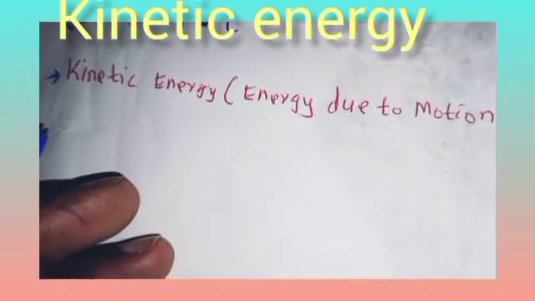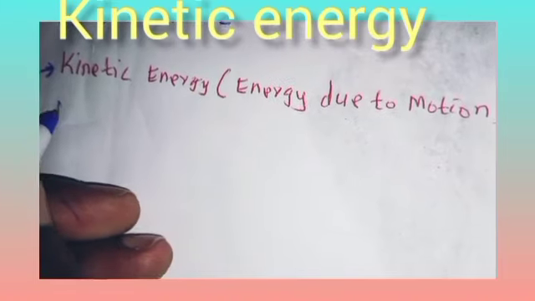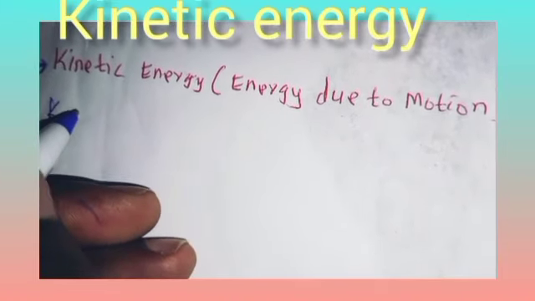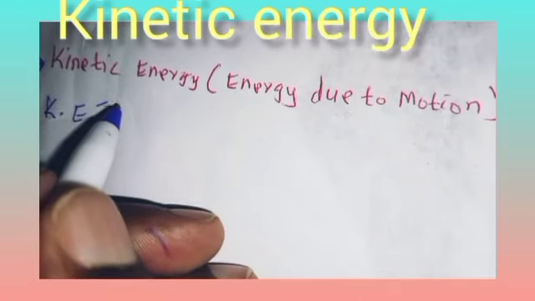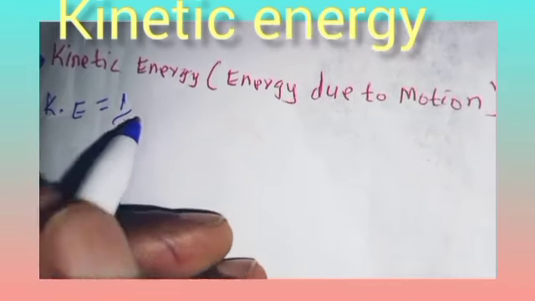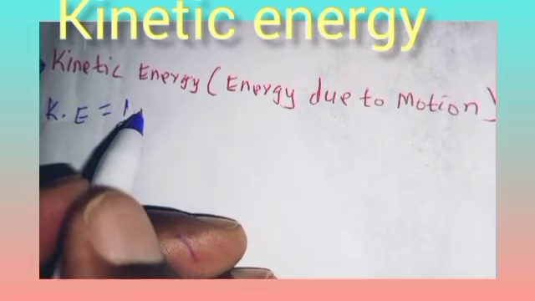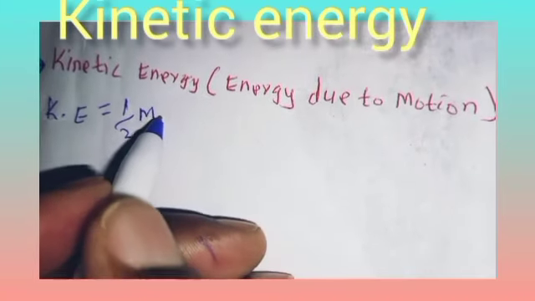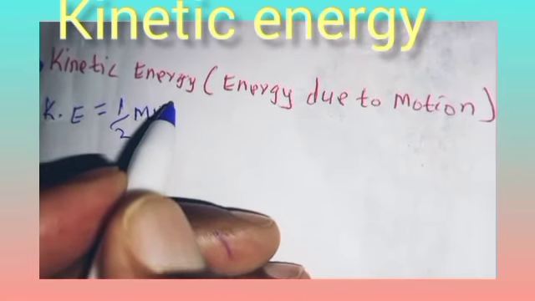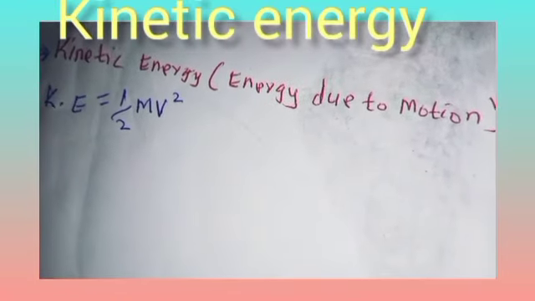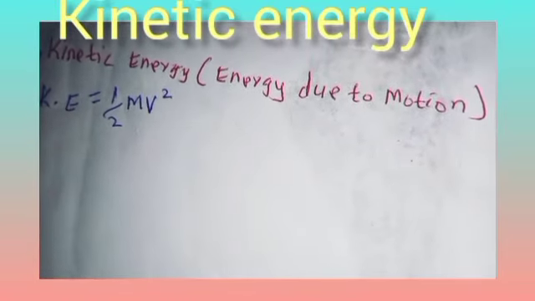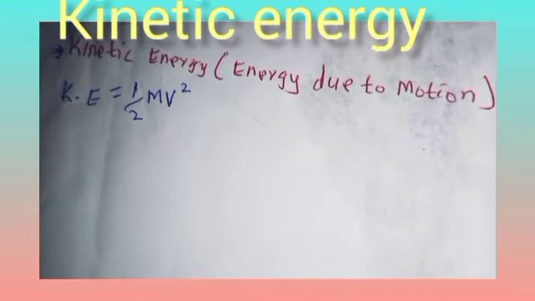In general, kinetic energy, KE, is given by half multiplied by the product of mass multiplied by the velocity squared. So that is how we get kinetic energy.